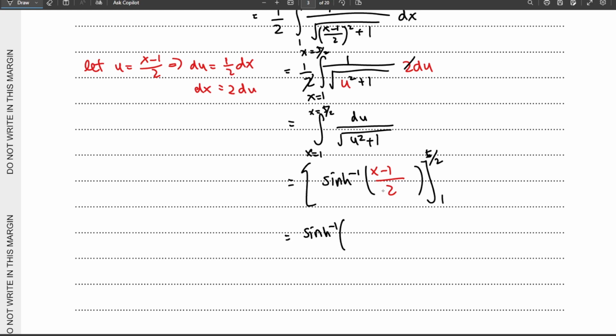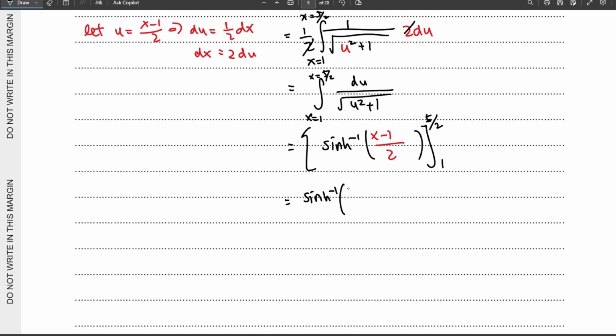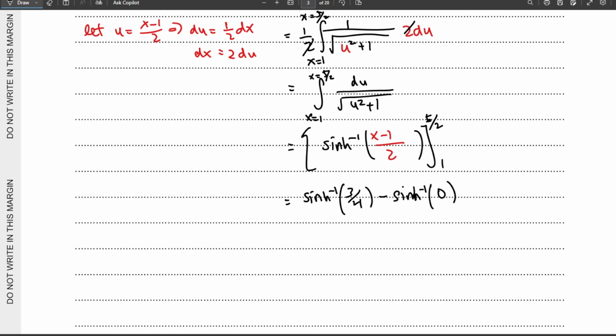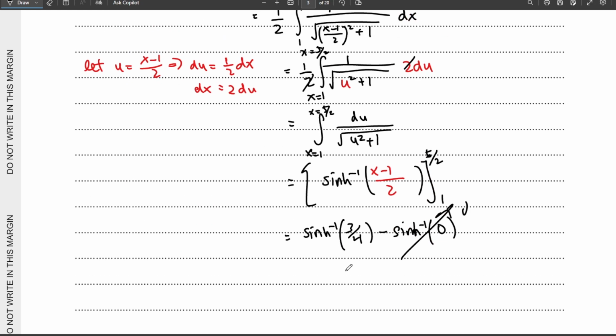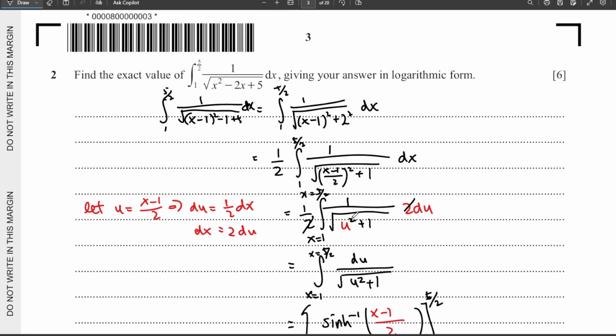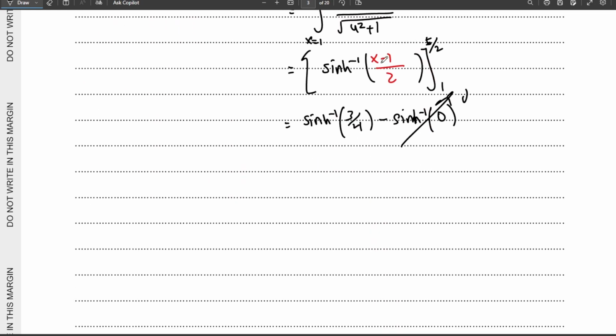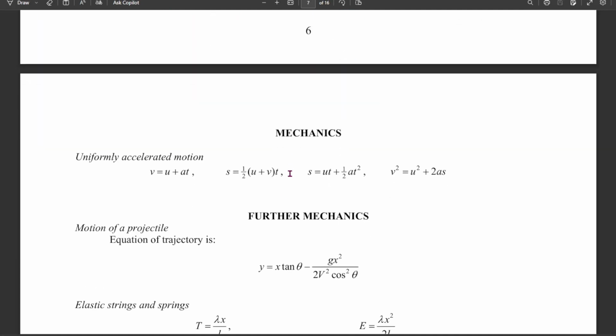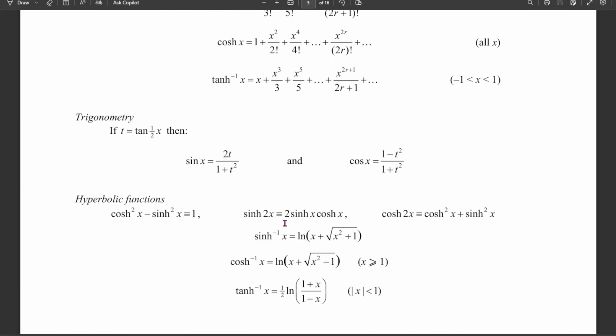We get the inverse hyperbolic sine of 3 over 4 minus inverse hyperbolic sine of 0. If you can recall, hyperbolic sine of 0 is 0, so this also goes to 0. But this inverse hyperbolic sine of 3 over 4, we want in logarithmic form. In case you forget how to derive it, it's fine, because it's given in the formula sheet: inverse hyperbolic sine of x is the natural log of x plus the square root of x squared plus 1.